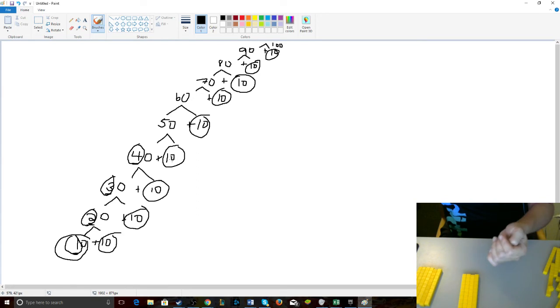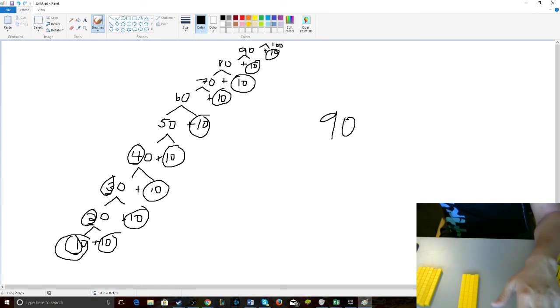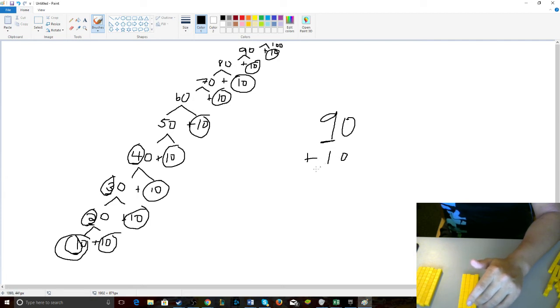And every time we added it, we increased our tens place by 1. However, when our tens place became a value of 9, when we add 1 more to this, there is not a unit that's higher than 9, so we make 10.